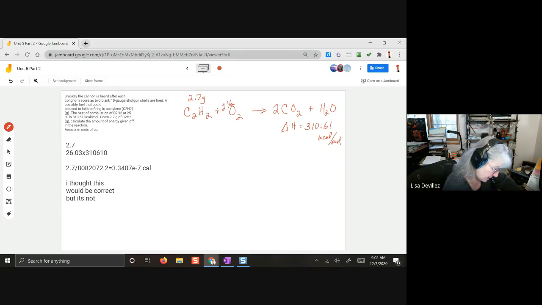Does that matter on this one? Let me see. So 1 mole of C2H2 is 310.61 kilocalories. And 2.7 grams, let me just double check everything.